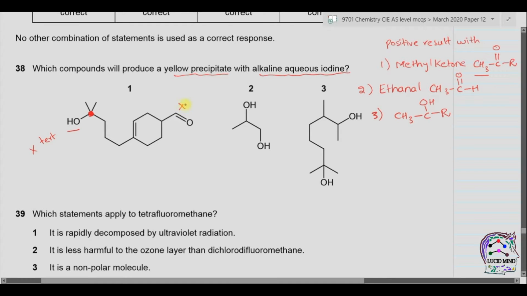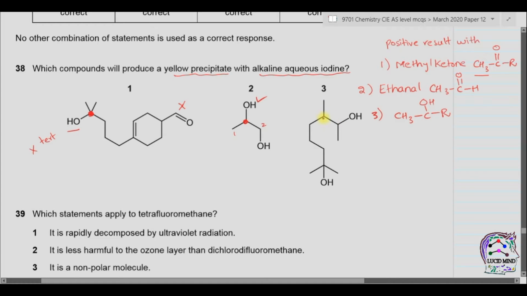So this is unable to give the precipitate. Let's see the second one. We have OH group attached to this carbon atom, and this carbon atom is further attached to two other carbon atoms, so it is secondary alcohol. Yeah, it can give positive result.